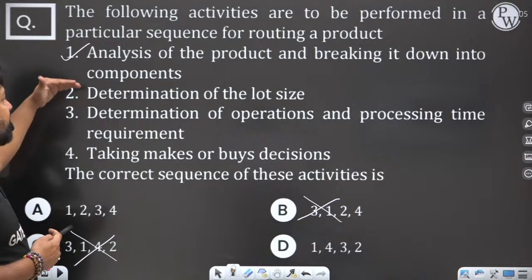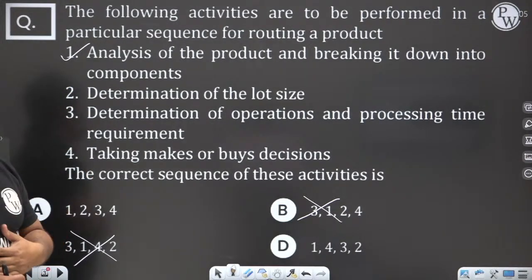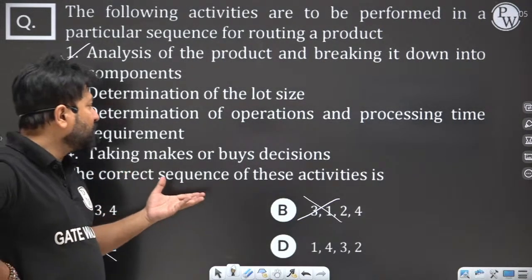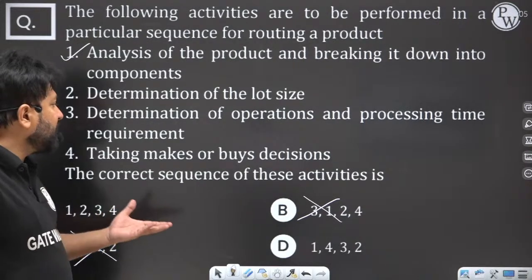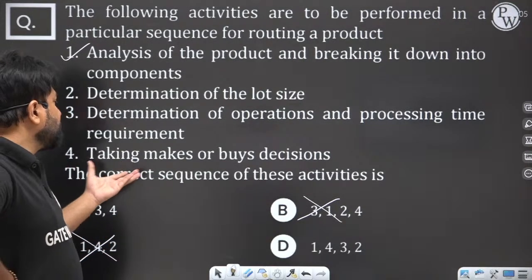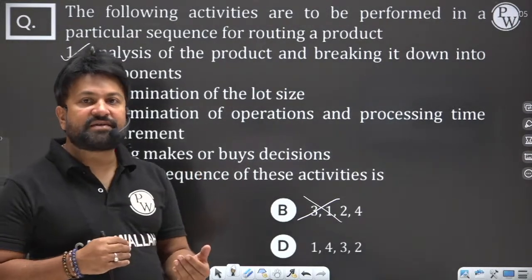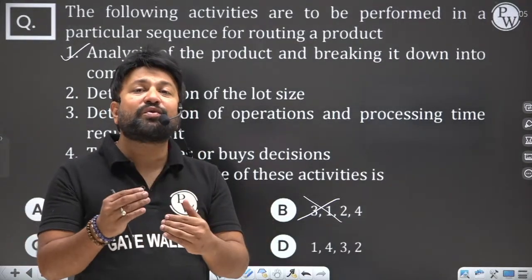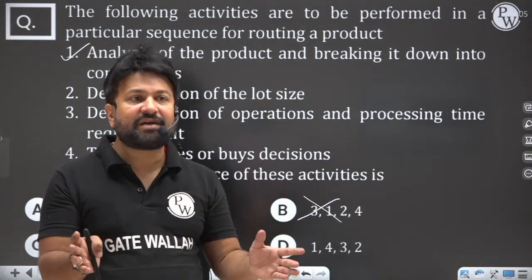So 2 is what? Determination of the lot size. The lot size will depend on the decision you take on what? Taking the make or buy decision. If you have decided on manufacturing, or if you have decided on buying, then you are going to divide into lots.